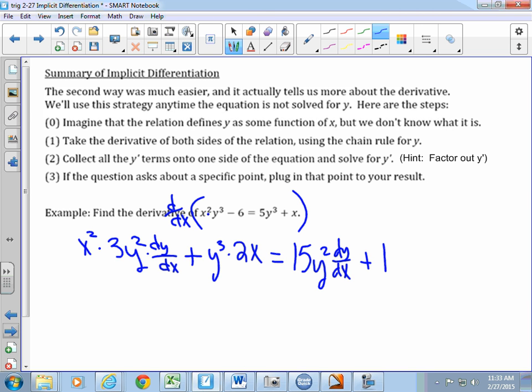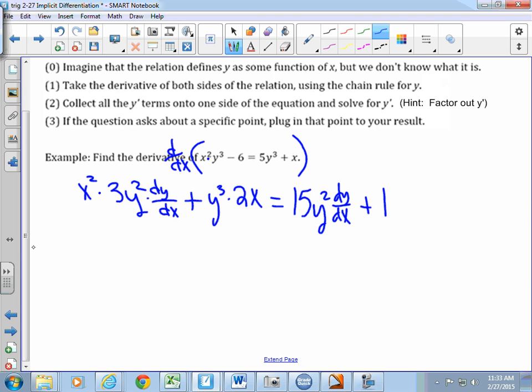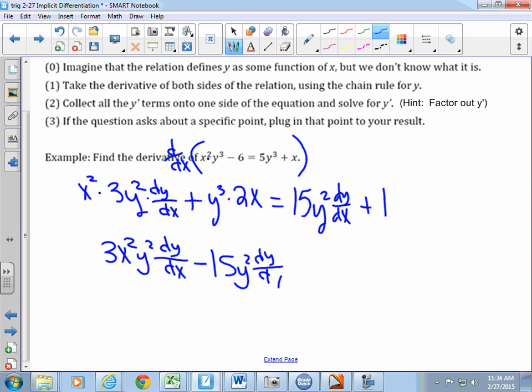Step 2, collect all the dy dx terms on one side. Doesn't matter which side, just put them all on one side. I'm going to go to the left, so I have 3x squared y squared dy dx minus 15y squared dy dx equals 1 minus 2xy cubed.